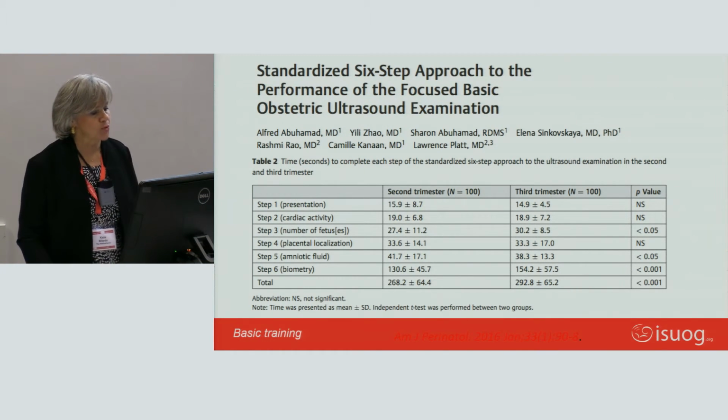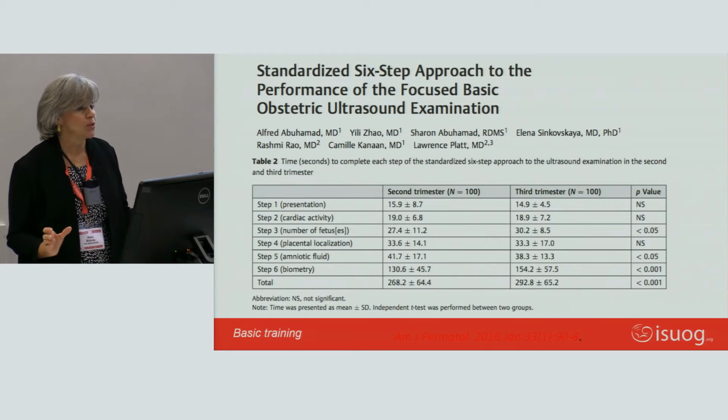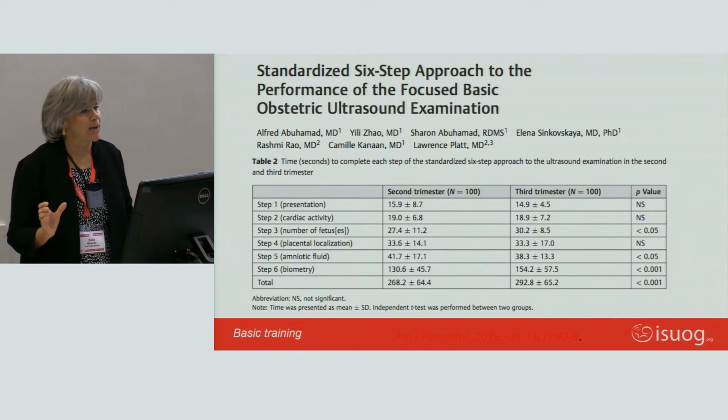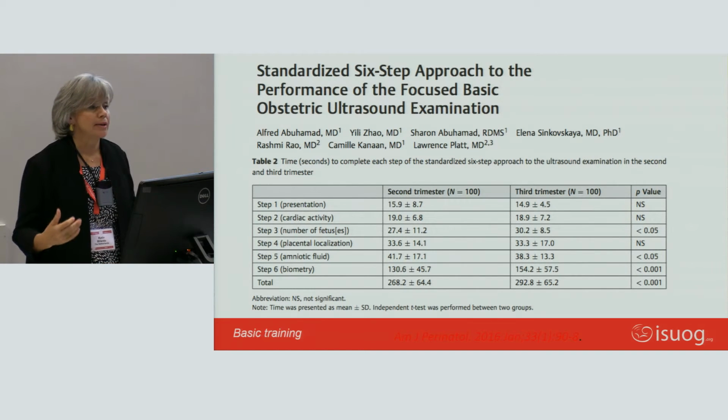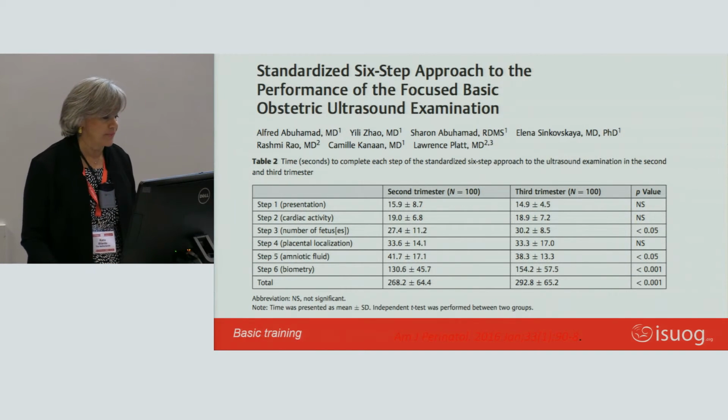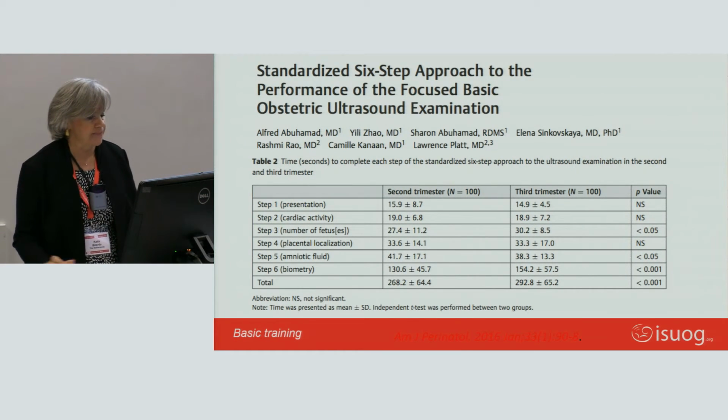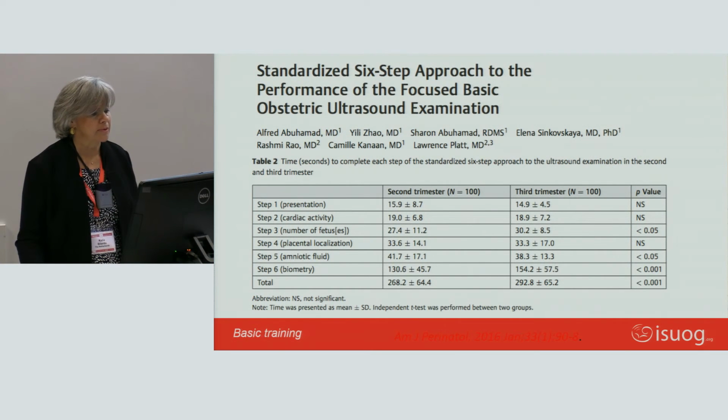I mean, it's really a matter of getting the automatism of these movements. And in actual fact, it was even possible to examine how much time was necessary to perform these 6 steps in the 2nd and in the 3rd trimester. And as you can see, as far as the presentation and the cardiac activity is concerned, there was no difference in the time required to get this information in the 2nd or in the 3rd trimester.